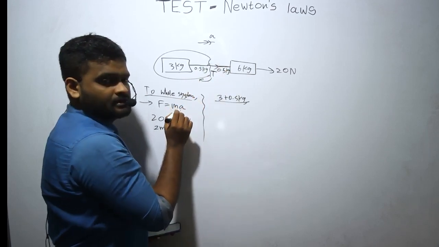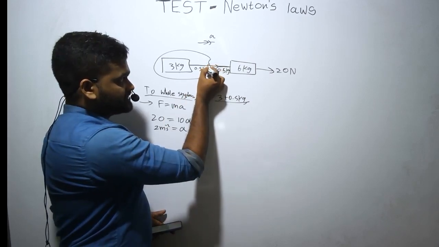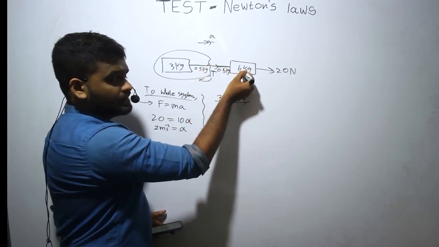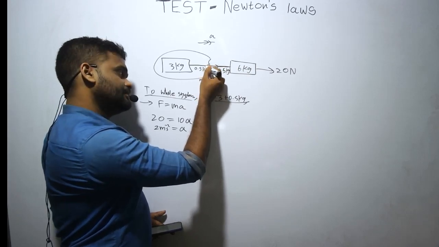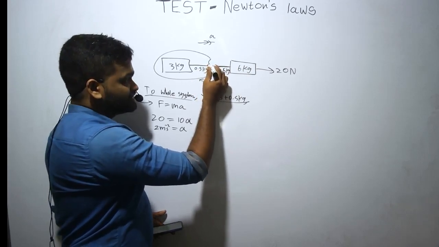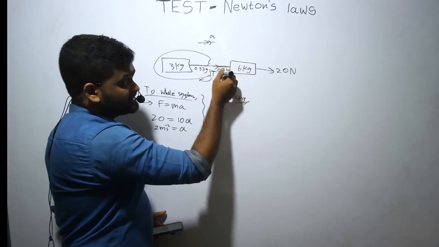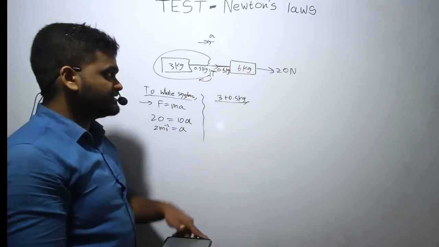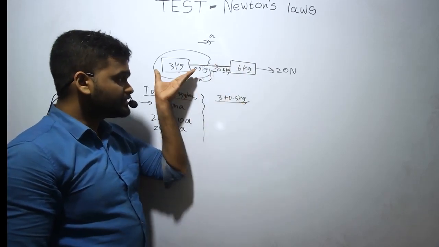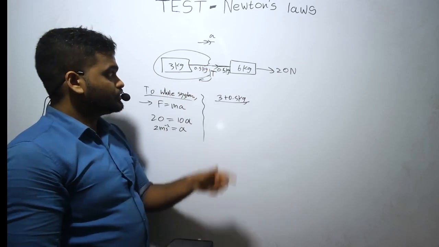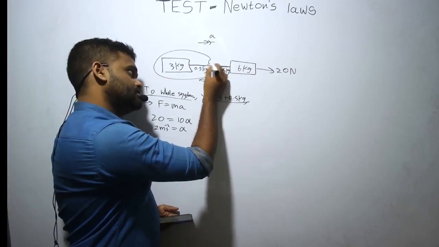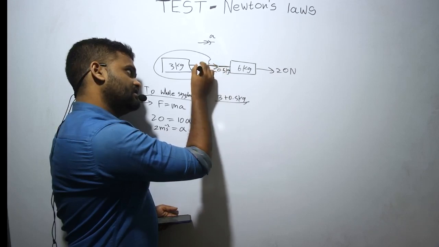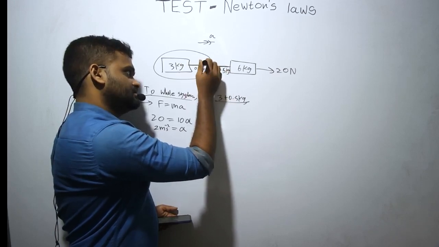Then there's a tension to the opposite side acting on the other one, action and reaction forces. But that force is on that system. We don't have to worry about it because I'm applying equations to this system. So on that system, tension applied by this other system is to the opposite side. So you have to understand that 100%.